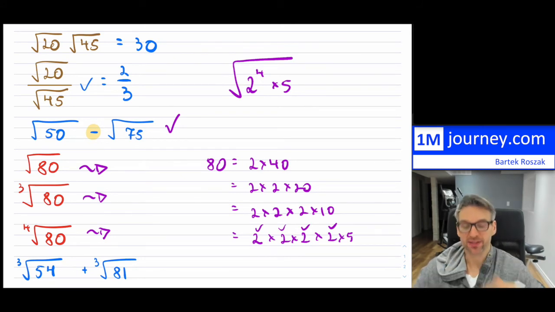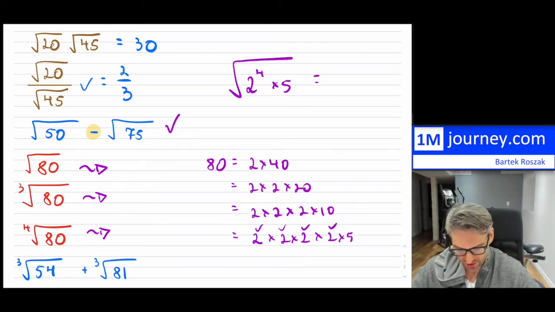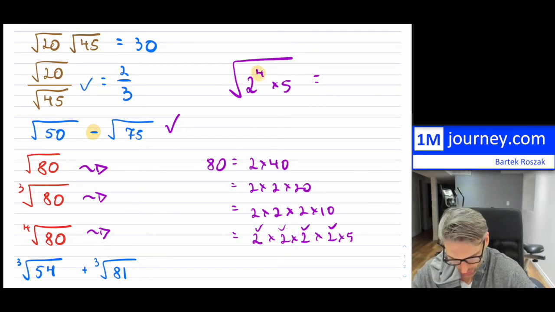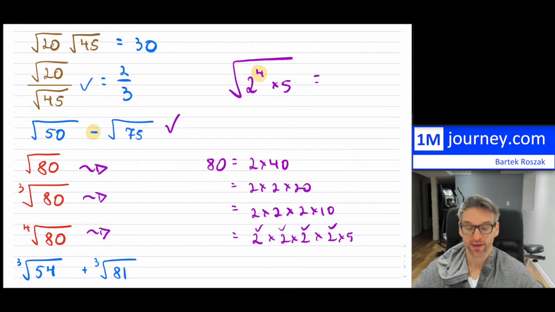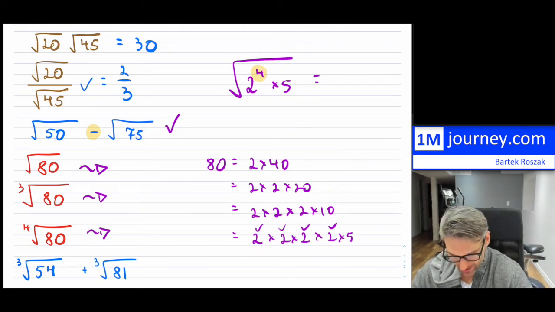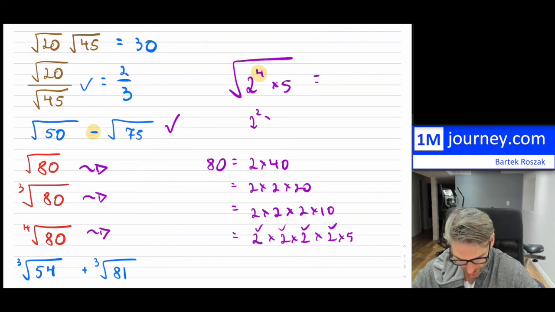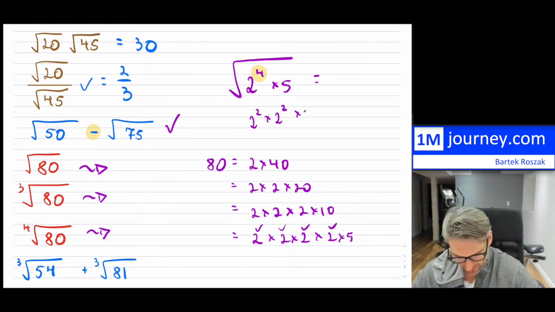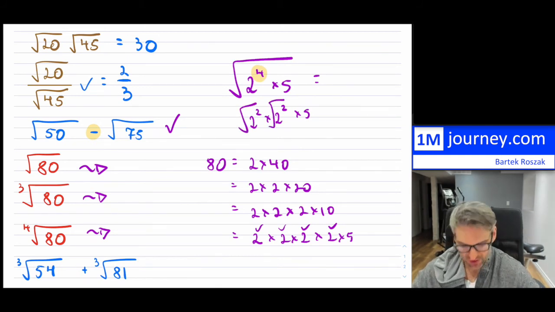Now, when you're taking the square root of this, sometimes people don't see a 2 here, and they think, uh-oh. But do not forget, this simply means 2 squared times 2 squared, right, times the 5. And the square root of this is just 2.